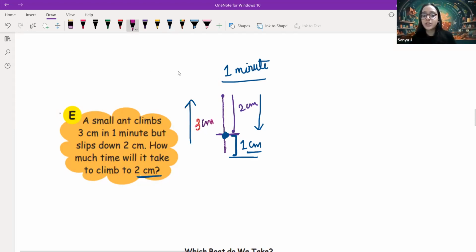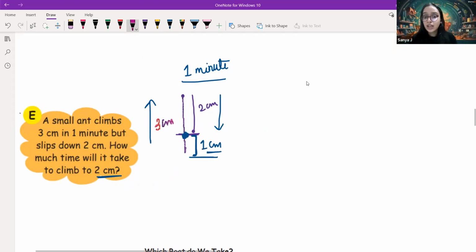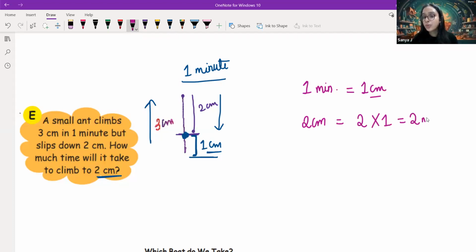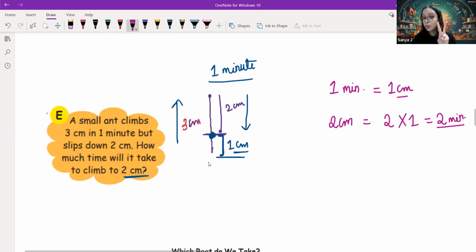In 1 minute it climbs 1 centimeter, so for 2 centimeters we will multiply 2 by 1 minute, and that is nothing but 2 minutes. So the ant takes 2 minutes to climb 2 centimeters. If in 1 minute the ant covers 1 centimeter, in 2 minutes the ant will cover 2 centimeters. Yes, simple.